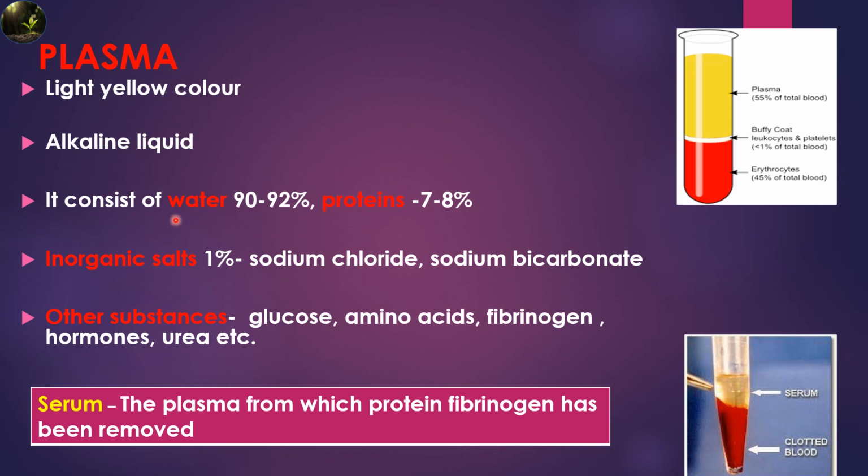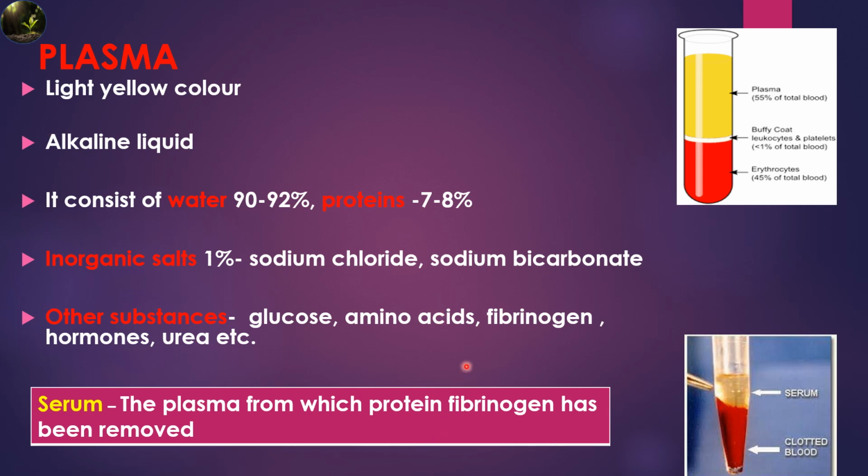It consists of water 90 to 92%, proteins 7 to 8%, inorganic salts 1%. There are mainly two types of inorganic salts present in plasma, that is sodium chloride and sodium bicarbonate. Then other substances in traces like glucose, amino acids, fibrinogen, hormones, urea, etc.